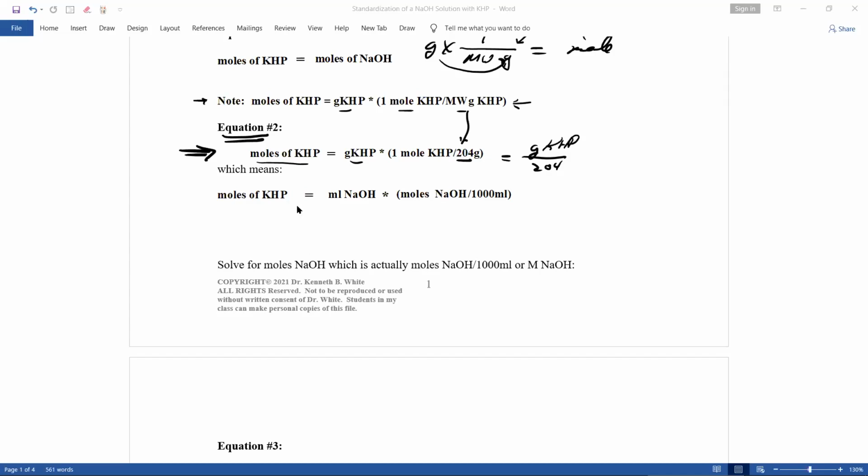Now, for this equation right here, let me make sure. Does everybody see equation 2 and underneath it on your screen right now? Thank you, Ashley. And you solve for NaOH moles, which will give you the molarity.